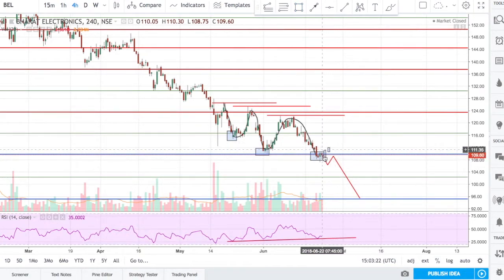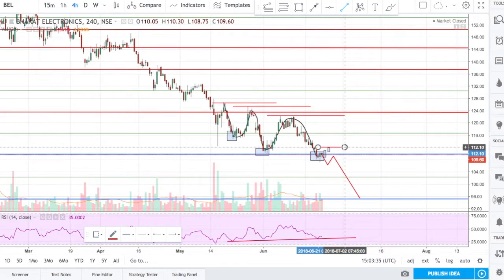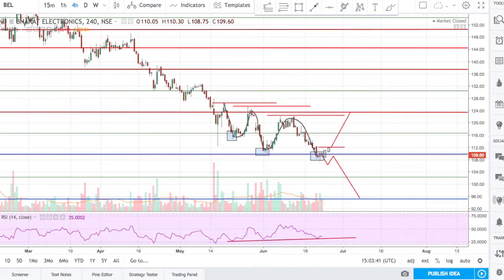A higher high closing from this point, and once we have this higher high closing, we can place a trade on the next candle for a target, or for our first target as this, followed by this as our second target.